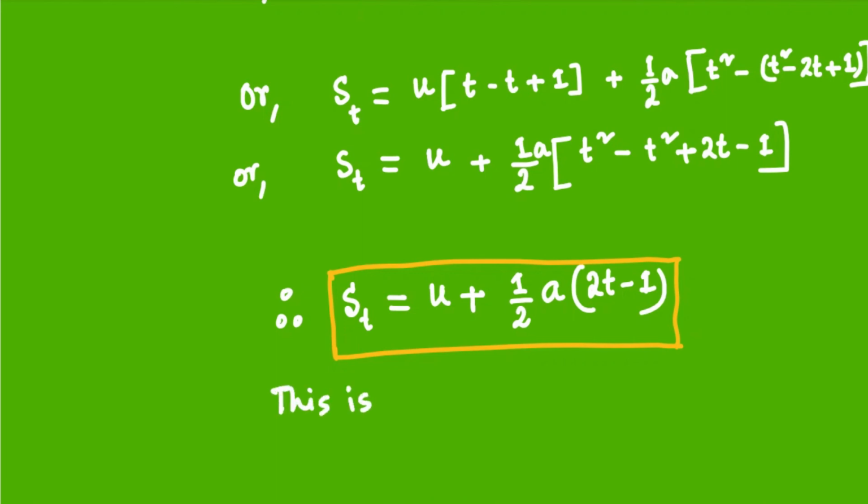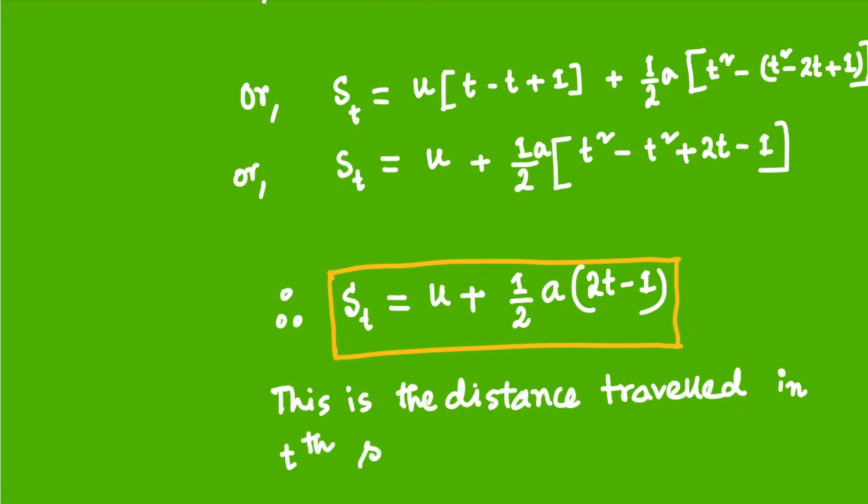This is the distance traveled by the body in the last 1 second or in the tth second. This is the distance traveled in the tth second or in the last 1 second by the body.